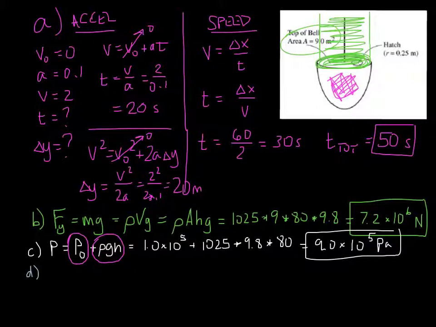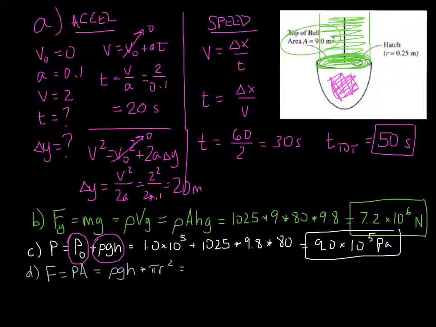So as far as the pressure required to open it, it would only be this part of the equation, essentially the gauge pressure. But then you have to get the force, which is pressure times area. So F is equal to P times A. The pressure is rho gh times the area. This time it just gives you the radius, so you have to figure out the area of the circle using pi r squared.